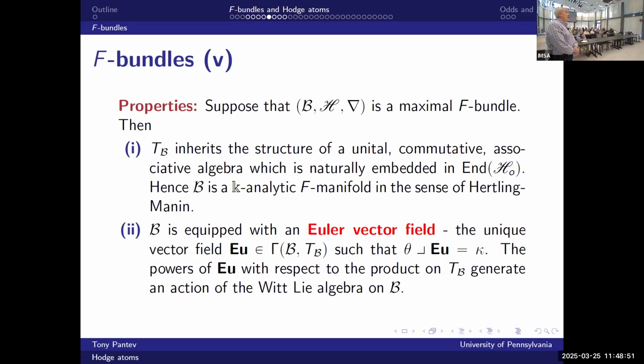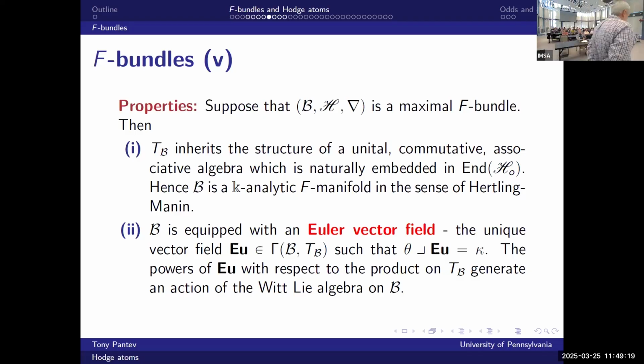And if you write down what that algebra structure is and its properties, it's exactly what the properties of an F manifold are, as defined and studied by Hertling and Manin. And these maximal F bundles give you a little bit of extra structure.